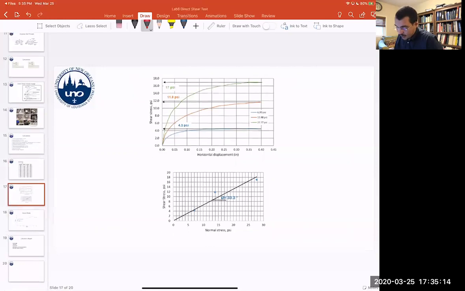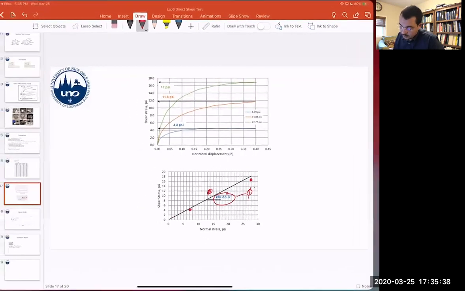And with that, you can have a plot at this normal stress. And as you see, as you increase the normal stress, you will have an increase in the shear stress. You can draw a best fit line, and in this best fit line, this is the slope, and this is the phi.